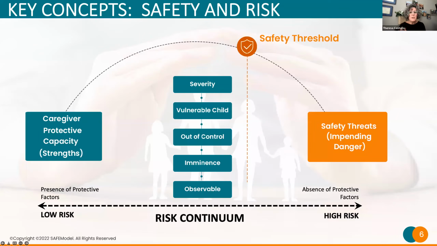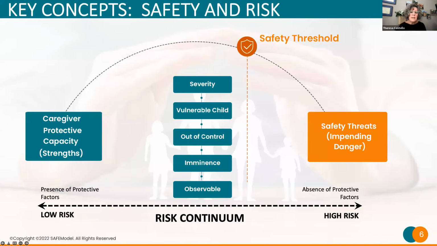So we use this picture to sort of impose on top of the risk continuum the idea that safety exists not across a continuum, but at a point in time when the family conditions reach a point where they cross what we call a threshold. You know what a threshold is, when they cross that threshold and we see what we will call impending danger threats. And I'm going to talk about these as we go on this afternoon.